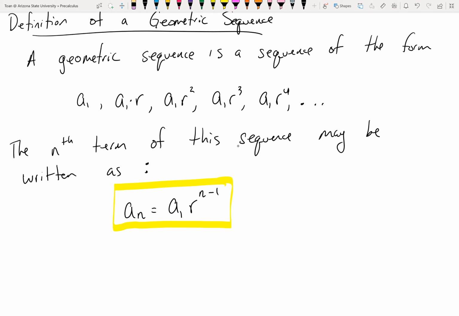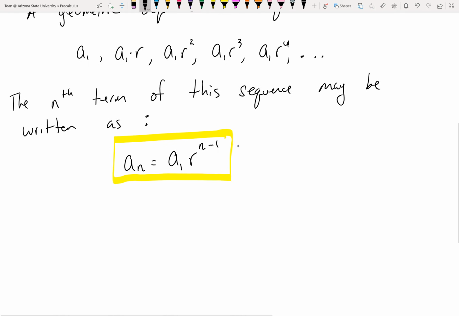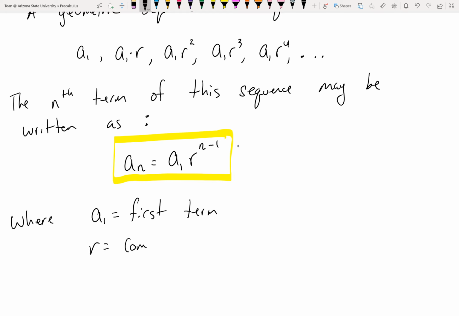Just for completeness' sake, let's define all these variables, even though they're pretty straightforward, where a sub 1 is the first term, r is what we call the common ratio, the thing you are multiplying by.